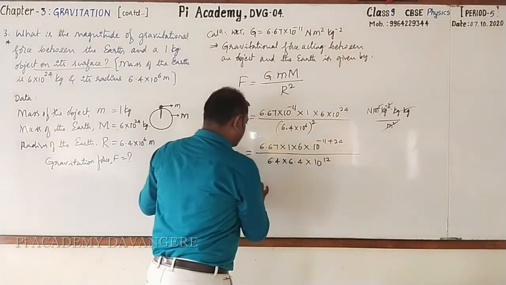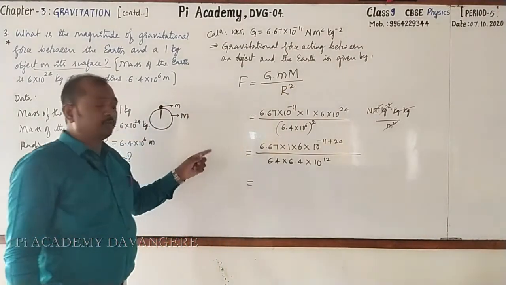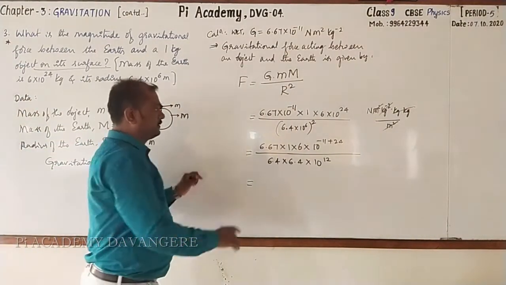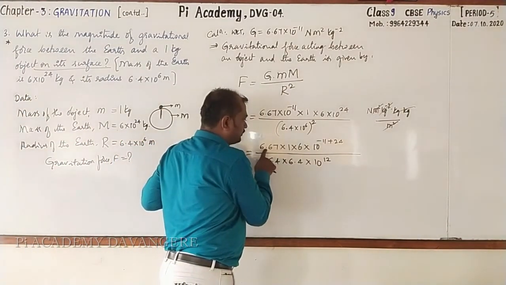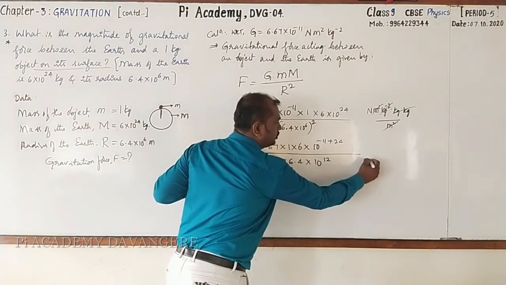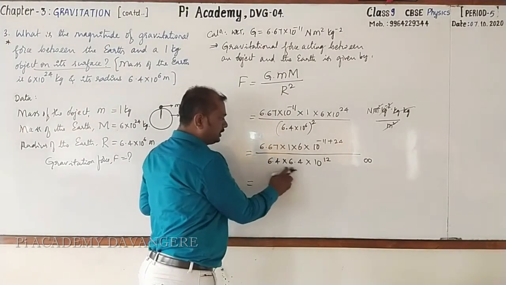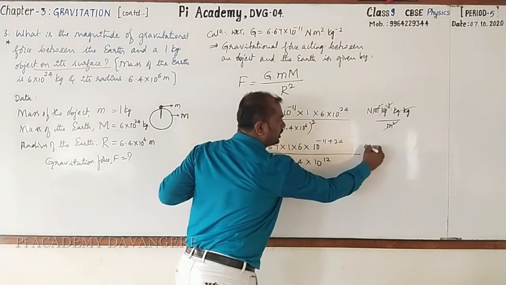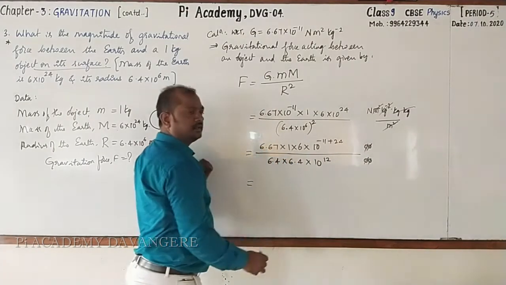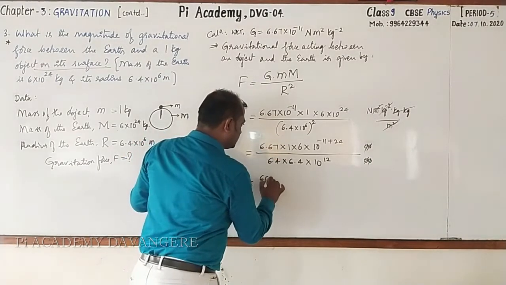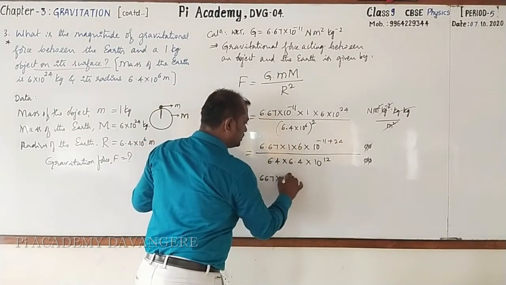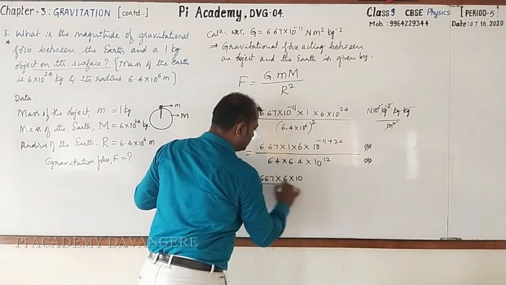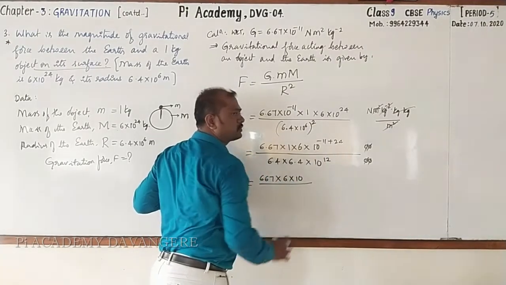Now this is equal to, now you may go for removing the decimals. Look here. In the numerator after the decimal 2 digits, in the denominator after the decimal, here 1 digit, 2 digits, so 2 zeros in the numerator. They get cancelled. Directly we can write 667 into 6 into 10 raised to the power minus 11 plus 24.